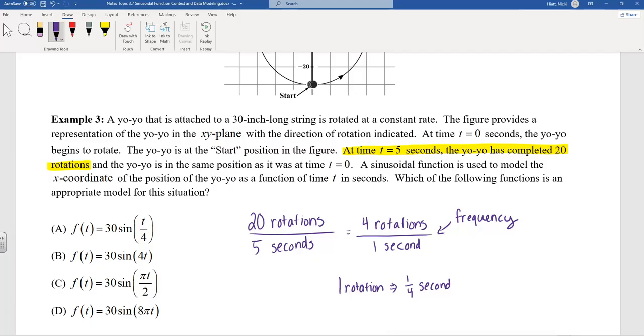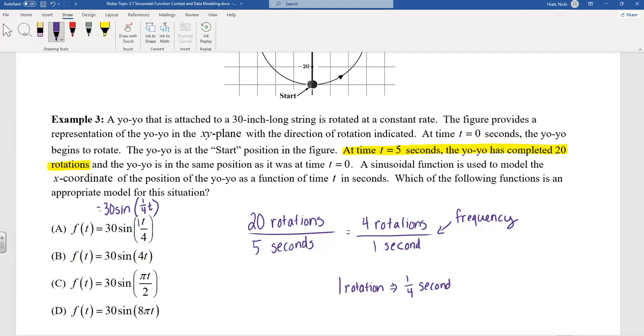So, first of all, sometimes with fractions, it becomes a little bit tricky to know what the B value is. But for answer choice A, I could think of this as 30 sine of 1/4 times t, right? Because there's a 1 right here, and I could write the t over to the side instead of in the numerator, and that would still be equivalent. So the B value for answer choice A is 1/4.